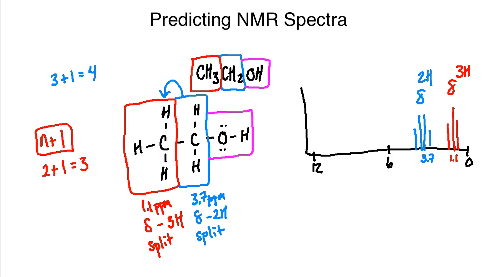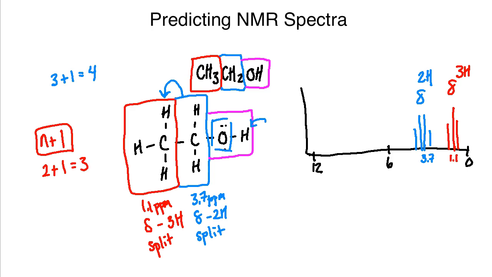Okay. And just a note here, a lot of students will say, well, what about the hydrogen with the alcohol here? Because this electron withdrawing group is severely deshielding the nuclei around it, this CH2 cannot feel the effects of anything on the other side of that oxygen to a great extent.